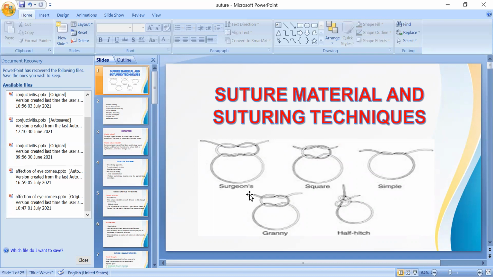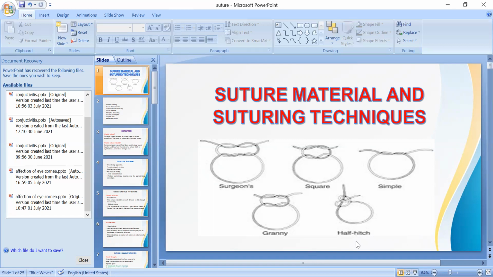So generally used during surgery is the surgeon's knot. You can see the surgeon's knot during practical. So this is the surgeon's knot, and this one is square knot, and this one is simple knot, and this one is granny and half hitch knots.